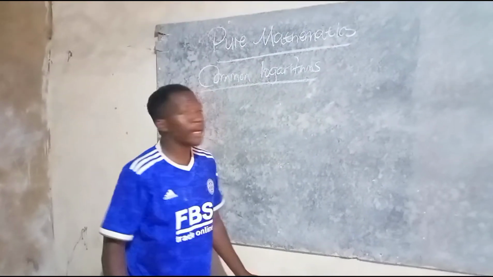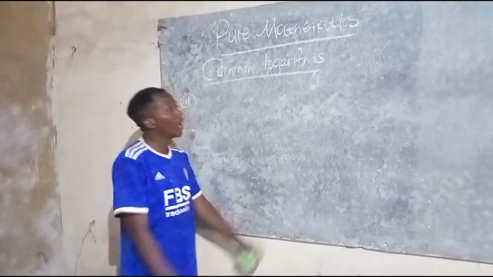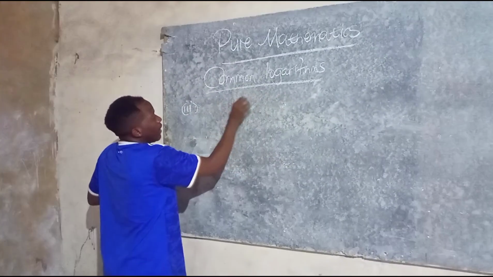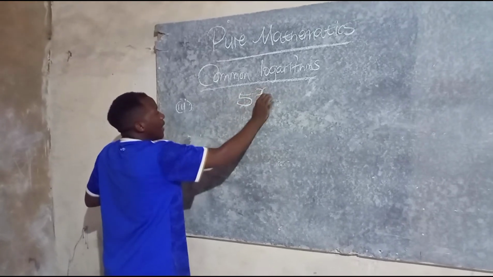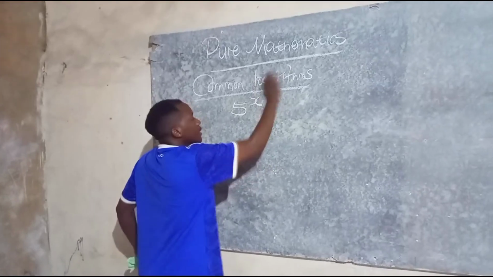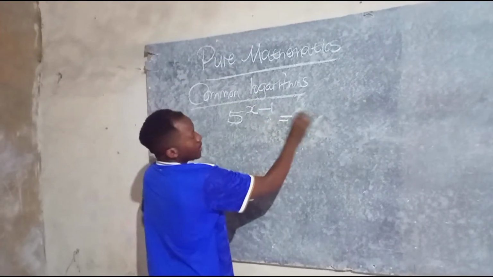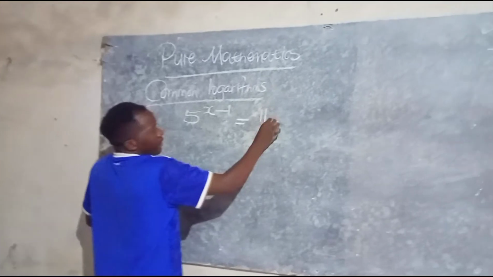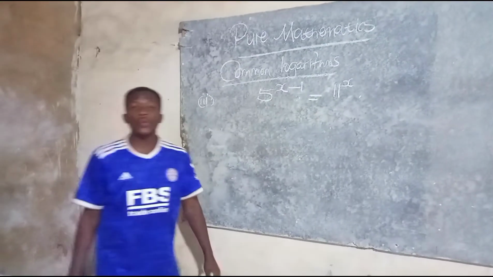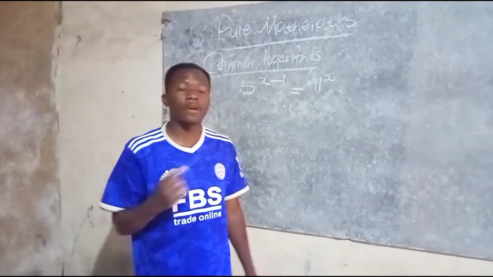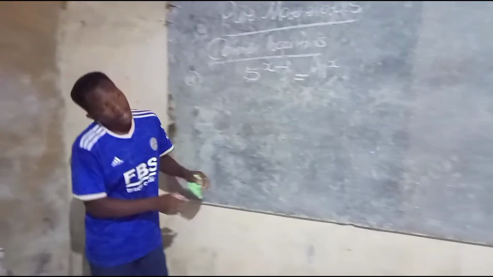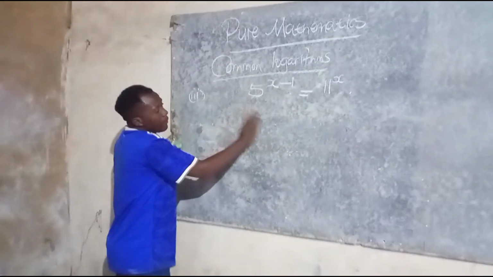Then on the example basis, our last example is going to be, let's say we have 5 to the power x minus 1 equals, maybe let's have 11 to the power x. If we are told to solve for x for such kind of logarithmic equation, here is the way we are going to handle this type of equation.